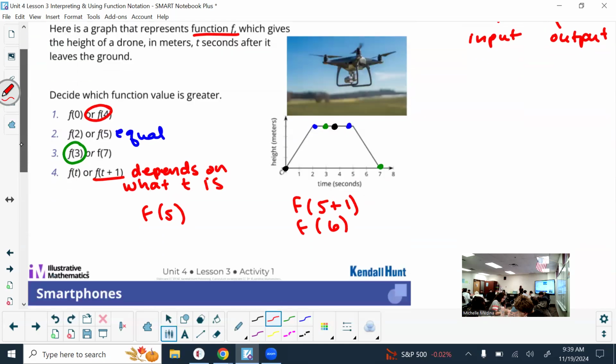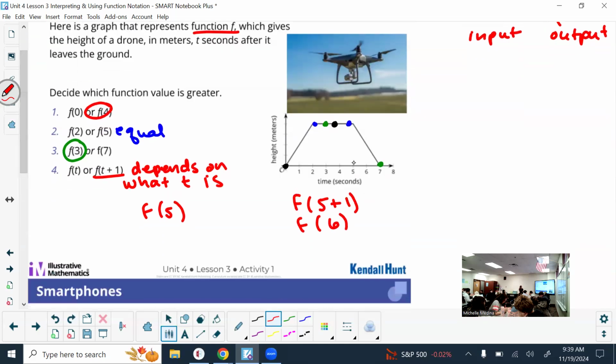All right, we need to compare the outputs. So f of 5 is here. Let's pretend these are counting by ones. That equals 4. F of 6 equals, I don't know, 3 if we're estimating.